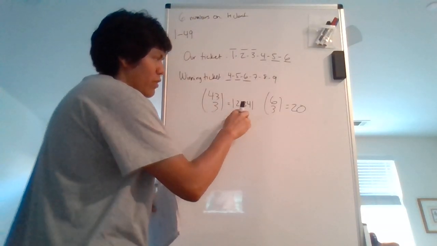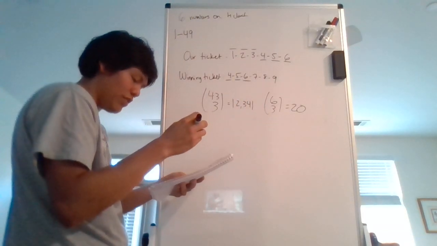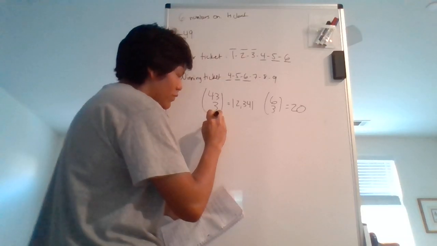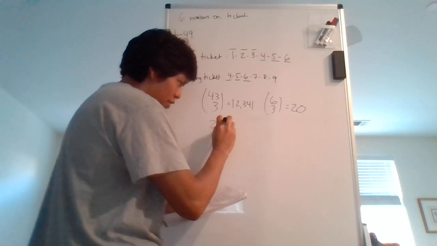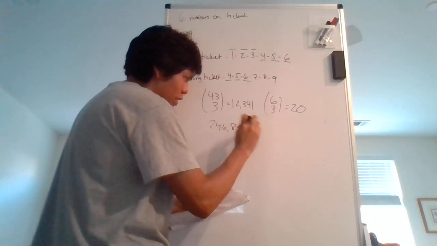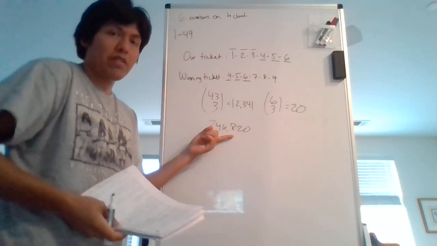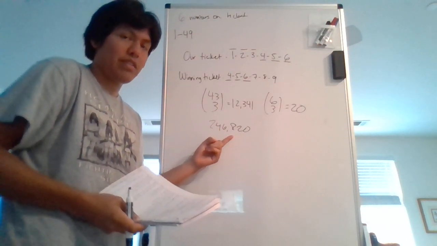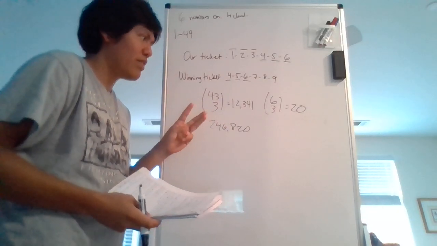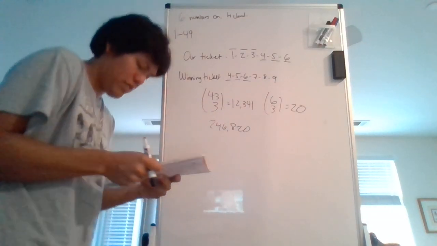So 12,341 times 20 is 246,820. These are the total possible ways of us having a winning ticket that only has 3 winning numbers.